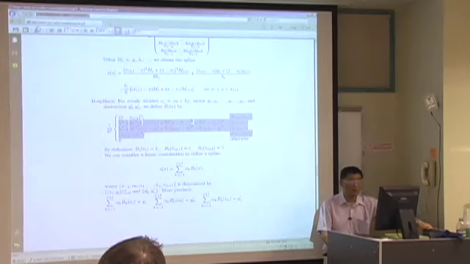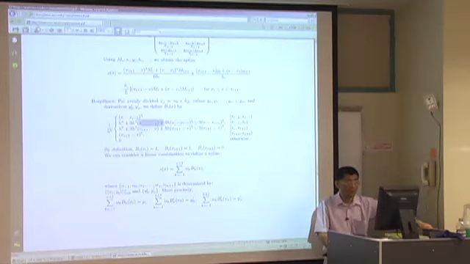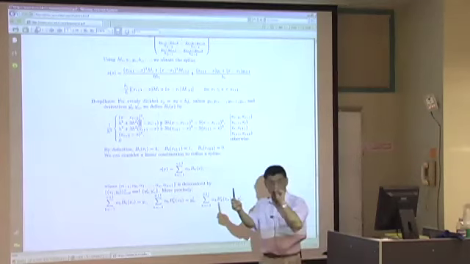For instance, if you plug in x_{i-1}, what happens? 0, 0, 0, h cubed divided by h cubed, so it is 1, right? Do you follow me? If you plug in x_i, what happens? What is x_i minus x_{i-1}? It is h, right? H is the distance between the points.